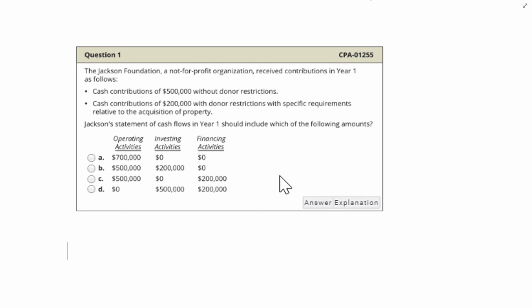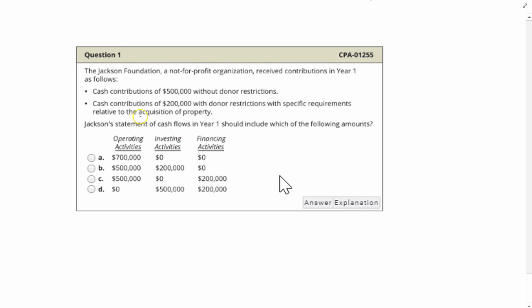So here is one CPA sample question that relates to the statement of cash flows of a not-for-profit organization. The Jackson Foundation, a not-for-profit organization, received contributions in year 1 as follows: cash contribution of $500,000 without donor restrictions, cash contribution of $200,000 with donor restrictions, with specific requirements related to the acquisition of property.